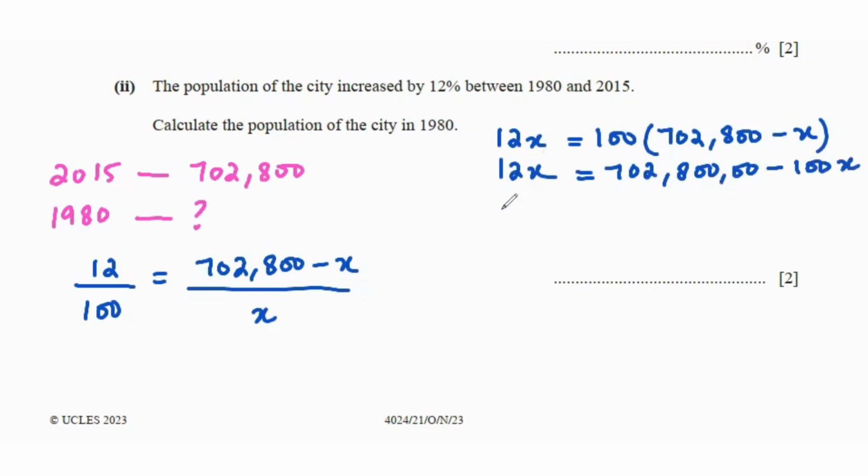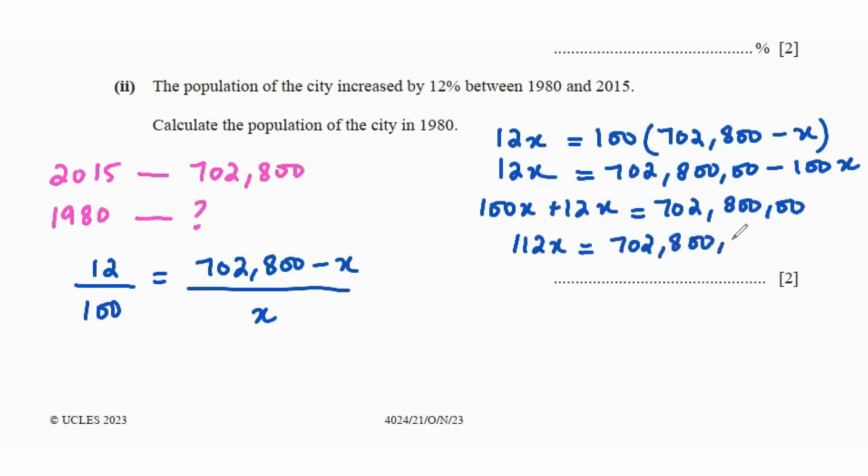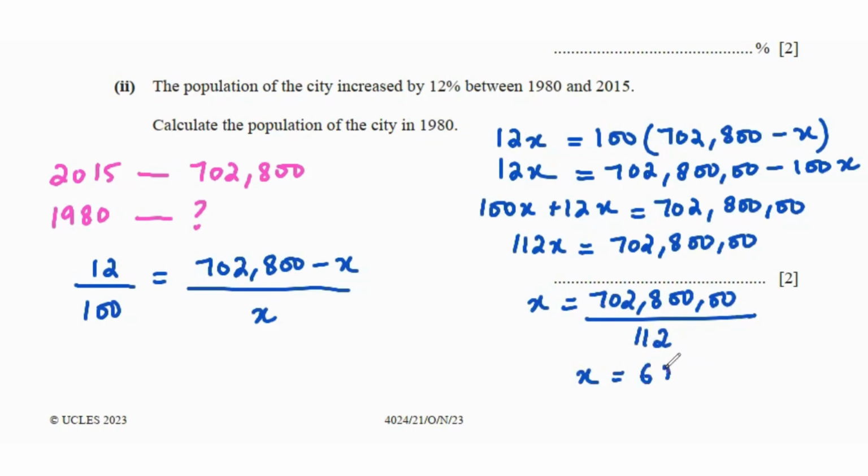So now we bring the 100x to the other side and add that to 12x. So 112x over here, and divide that by 112. That is going to equal 627,500. That is your population of the city in 1980.